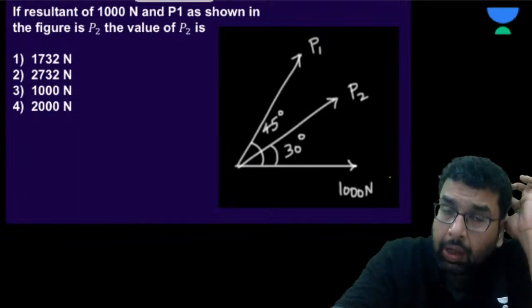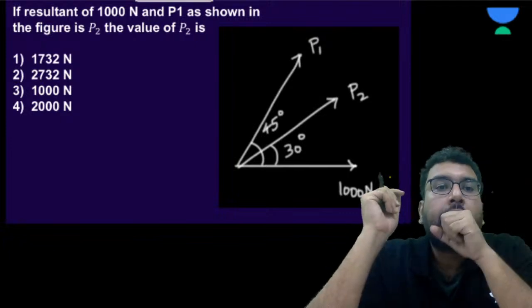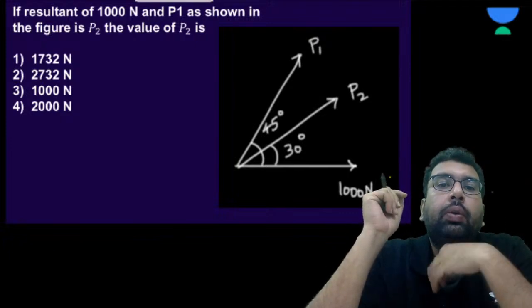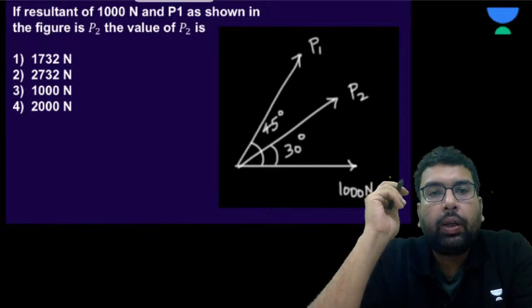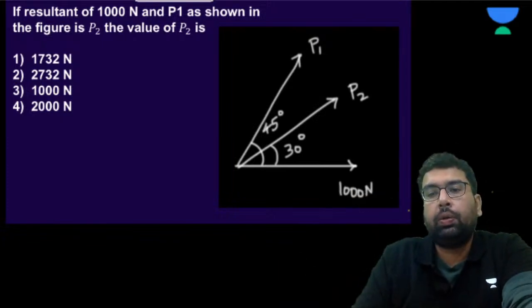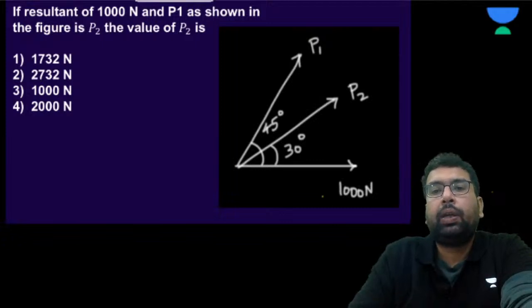Okay. Now, how can we do it? It says if the resultant of 1000 Newton and P1 as shown in the figure is P2, then P2 is... So we are supposed to find this P2.